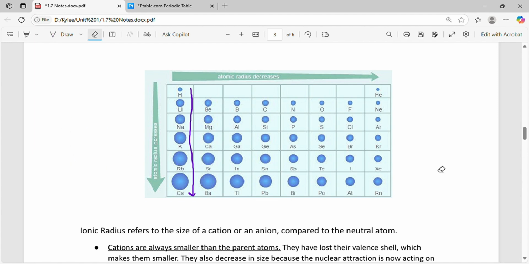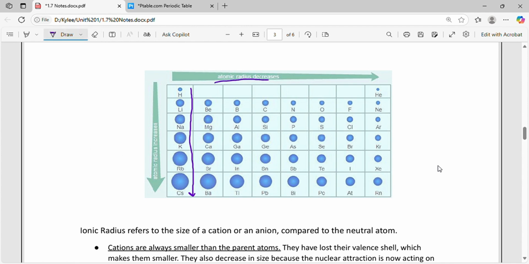Across a period, we actually see that atomic radius decreases. The reason atomic radius decreases is because of that nuclear charge that we were talking about. As I go to the right, I'm adding more protons, and adding protons increases the nuclear charge, which means that it actually pulls all the electrons in closer.